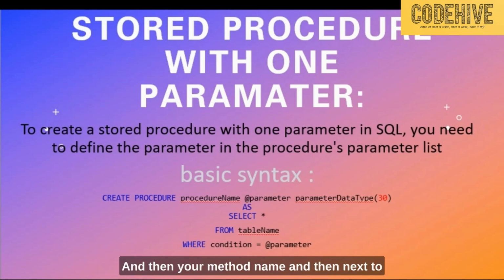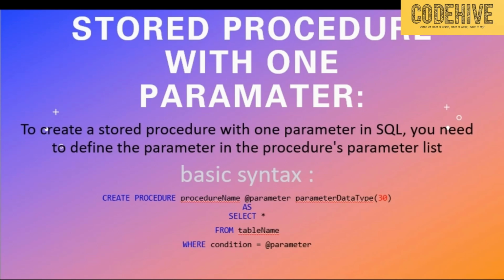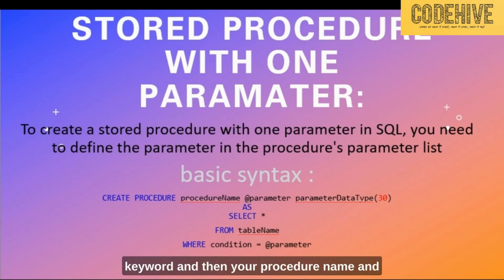And then next to the method name in brackets, you have your parameter. So you have all the variables or the parameters that you want that method to take in. In this case, this is the syntax on how to create a stored procedure with one parameter. You will have your create procedure keyword, and then your procedure name, and then you're going to have at, and then your parameter, so whatever you want to call your parameter.